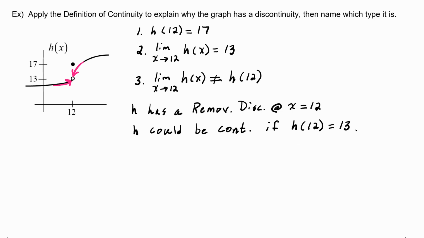So if we were allowed to redefine this point and move it down here, then we would have that h is continuous at 12.